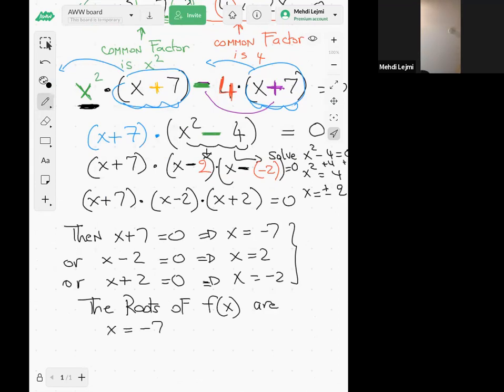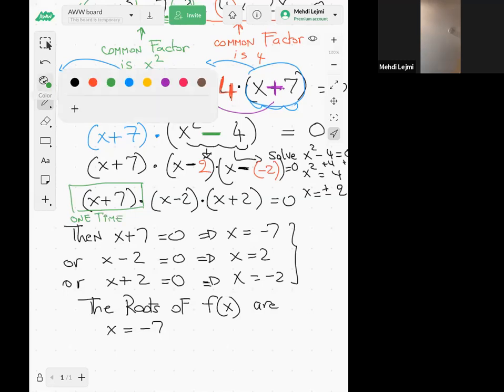So now, what's the multiplicity of negative 7? Well, you see, guys, this is x plus 7, so it's just one time, right? It's just a one time solution. So this x equal to negative 7 is of multiplicity 1.